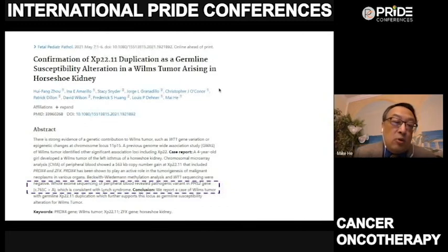So within our cohort of the Wilms tumor, we did find one tumor mutation burden up to about 20 mutations per megabase pair. This one turned out to be a Lynch syndrome with mutation in the PMS genes.